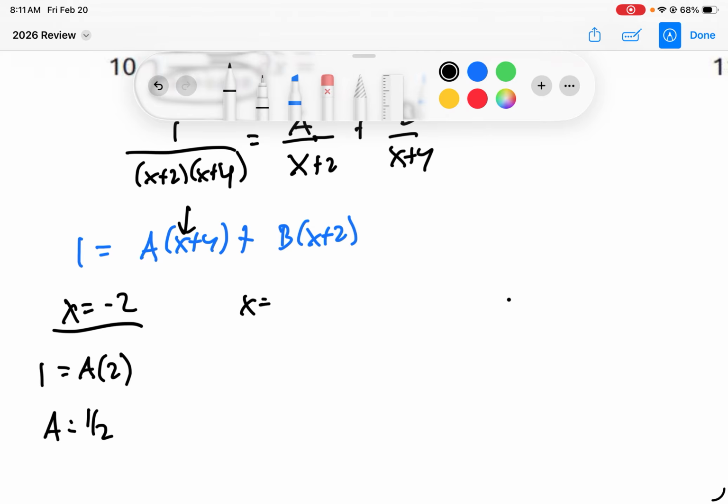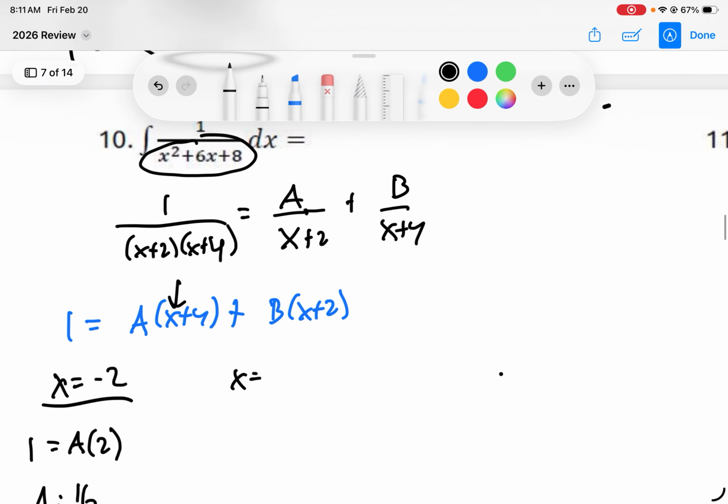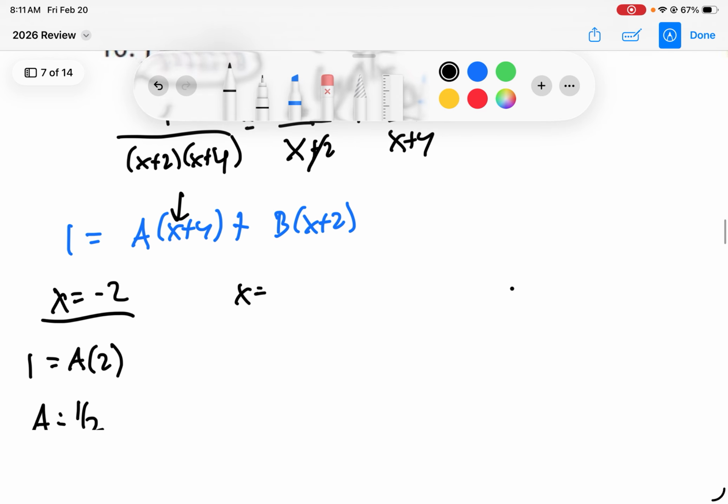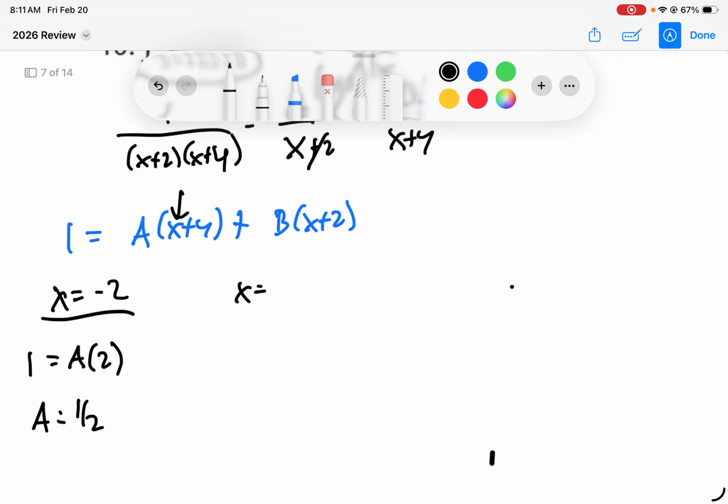Did I say plug in -2? Just a second. X plus 2, so b times x plus 4. Okay, we're good. Plug in -4. Plugging in -4, I get 1 is equal to, the a term would cancel, and the b part, -4 plus 2 is -2. So b is -1/2.